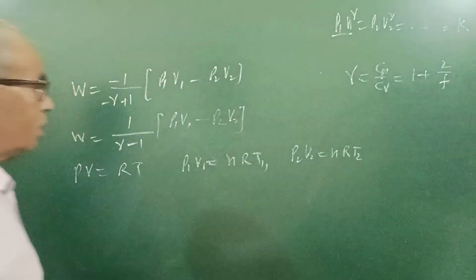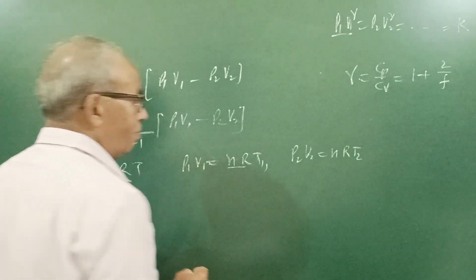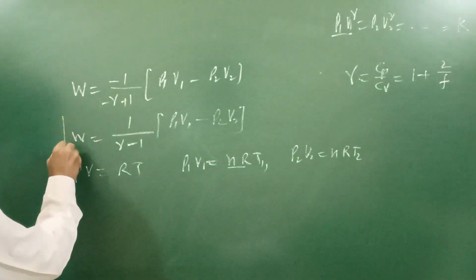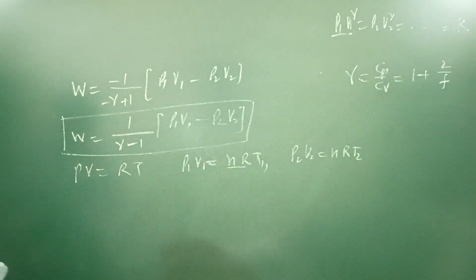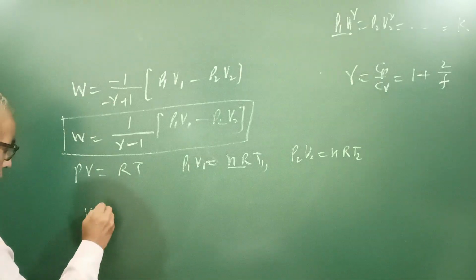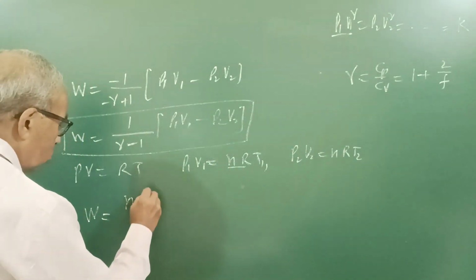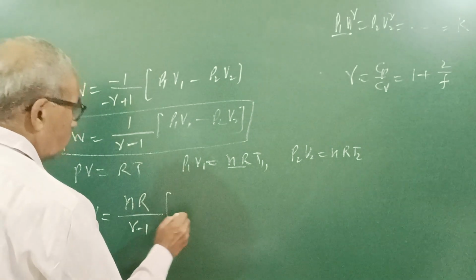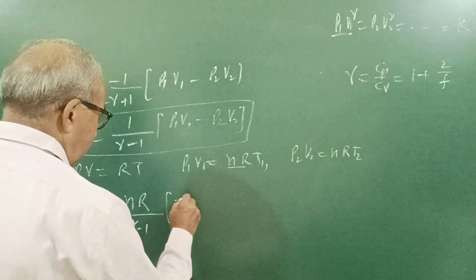R is the gas constant, but only when pressure and volume change does the temperature change. Hence this is one equation which is generally used to calculate, or at least nR outside, over gamma minus 1, into T1 minus T2.